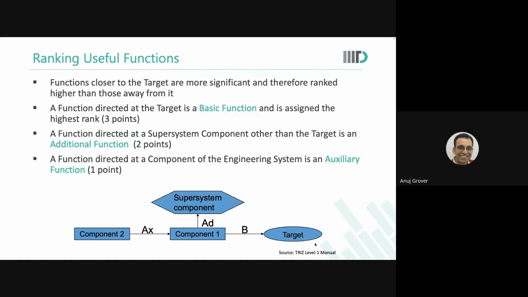And then one of the last things about the lexicon of function modeling is that you have to rank the functions as basic functions, additional functions, and auxiliary functions. Basic functions are the functions for which the object is the target.